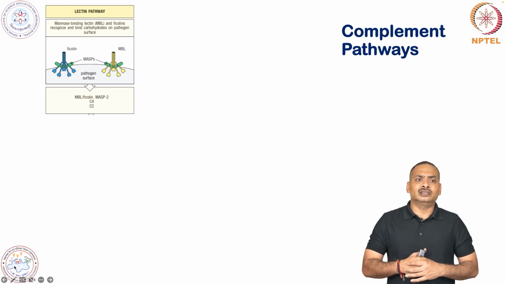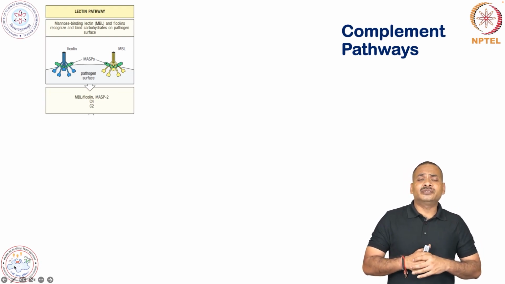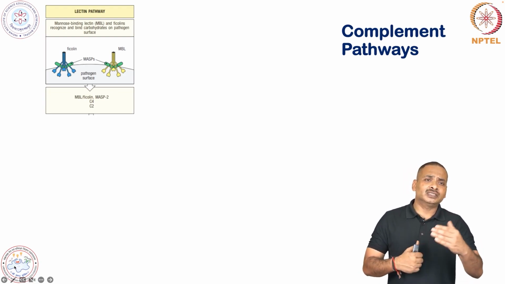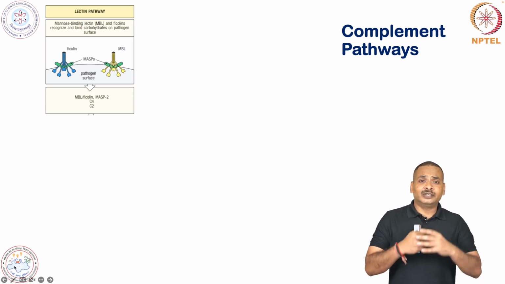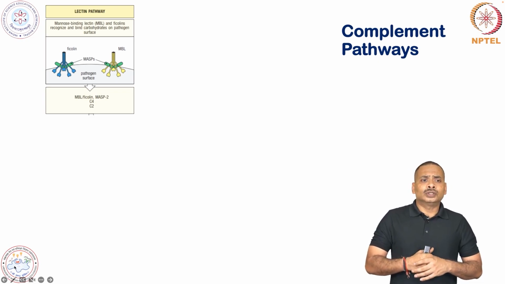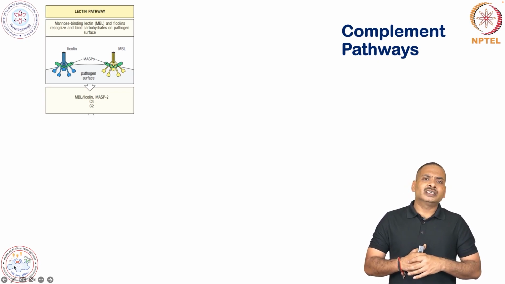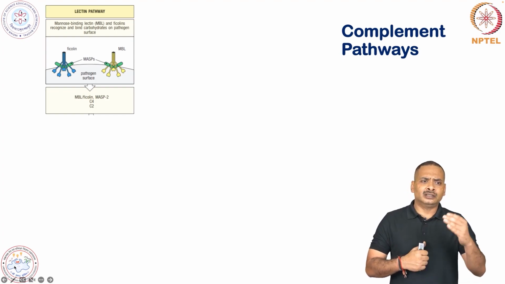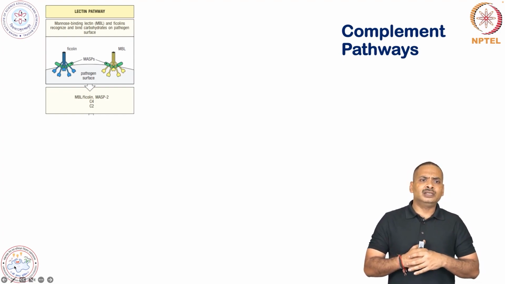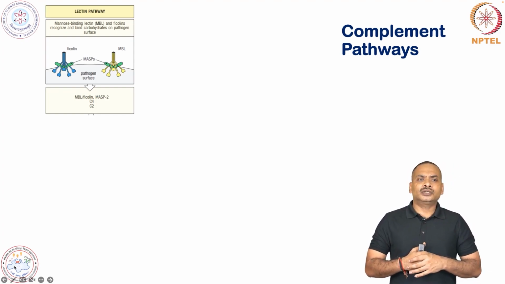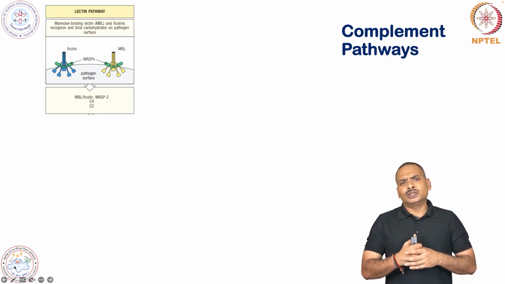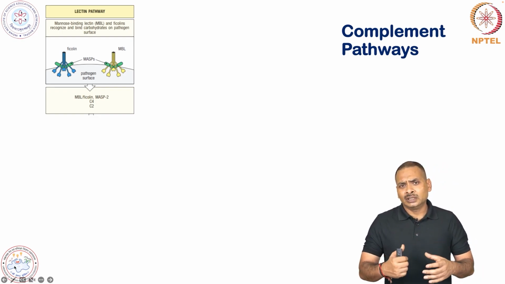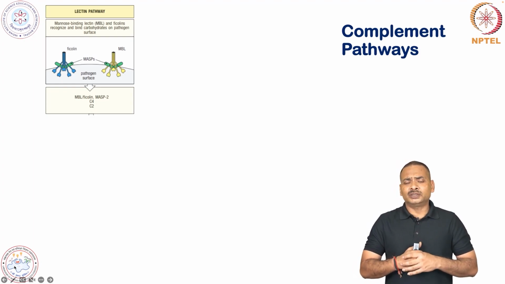So MBL can activate the complement pathway, and this we call the lectin pathway. It will be triggered by various molecules like MBL and ficolins, and then it will initiate the complement pathway.